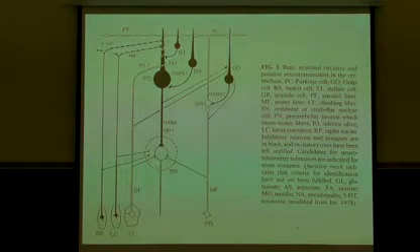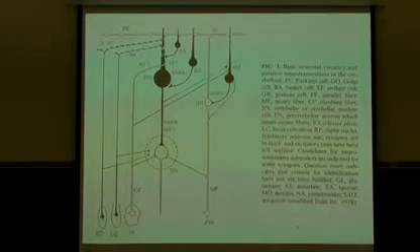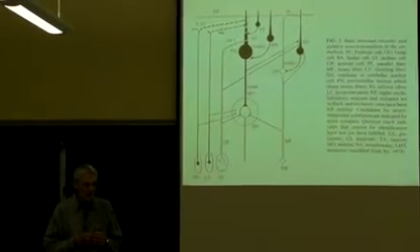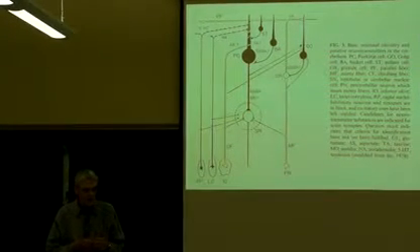Okay. And where do the inputs come from? The mossy fiber inputs come from other parts of the brain. The climbing fiber comes from the inferior olive. And where does that get its input from? I don't know the anatomy beyond that.